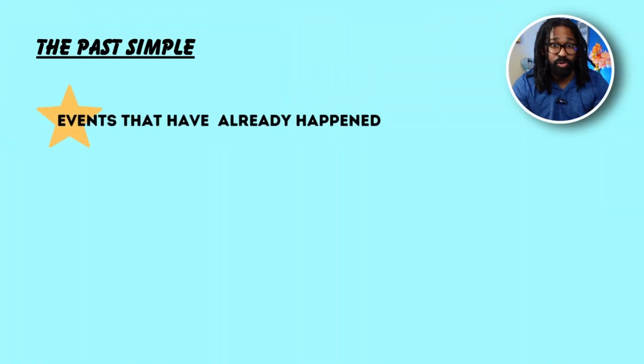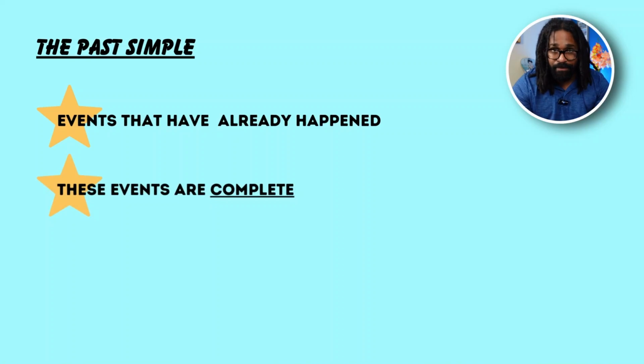However, it's not as simple as that. The past simple is used to talk about events or situations that have already happened. And most importantly, these events and situations are complete, meaning they're not in progress, they're finished, done, 100%.